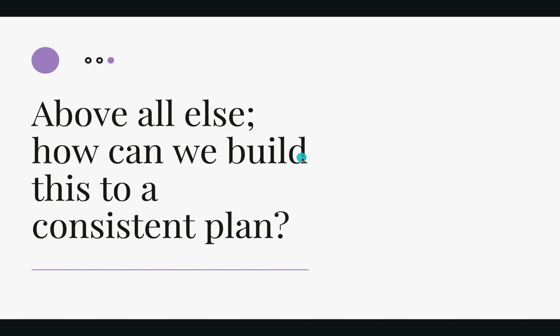So above all else though, how can we build this into a consistent plan? I know that this is going to be a lot of information, but I wanted to put this in here before we start going any further. How can we do this? How does this work for us? And so we can start to do things like, okay, well, I have these 4 types of content.